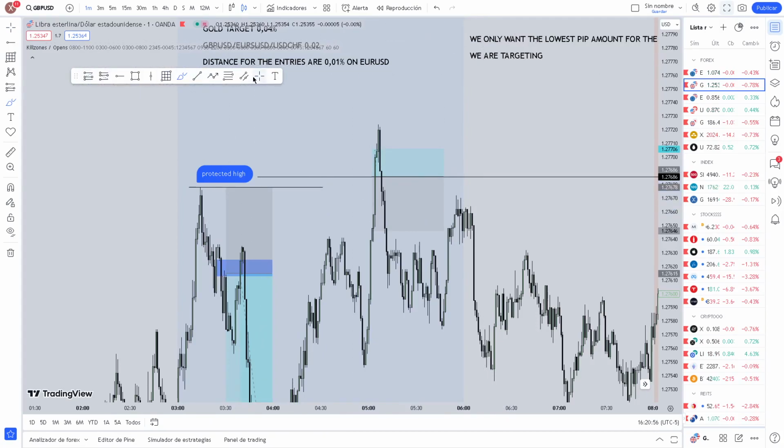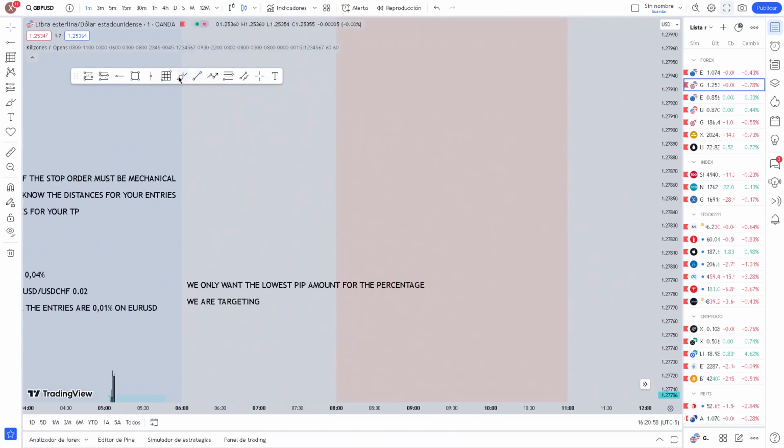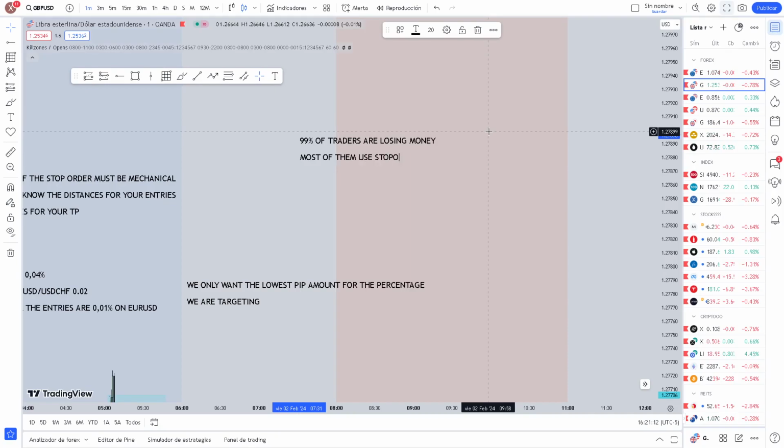Ask yourself this question. If 99% of traders are losing money, most of them use stop loss at the same level. This is the narrative from ICT that the market will chase these stop orders, right? These stop losses.